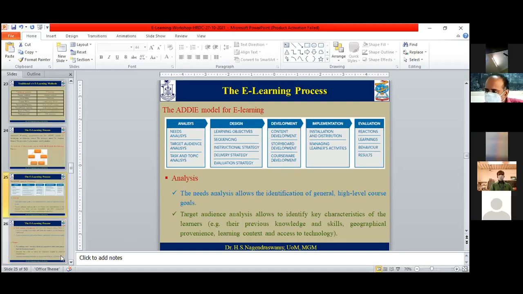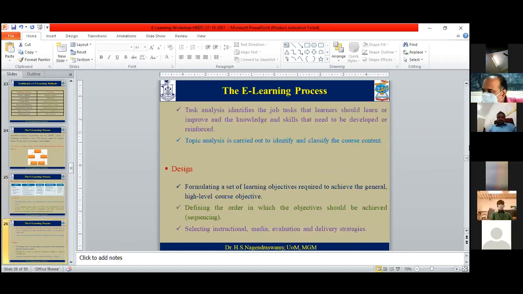In continuation to this, now let's look at the design. When it comes to design, it involves formulating a set of learning objectives required to achieve the general high-level course objective.